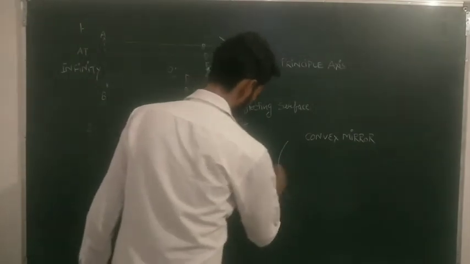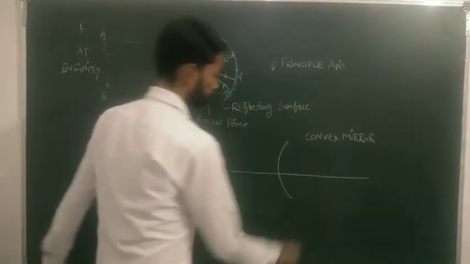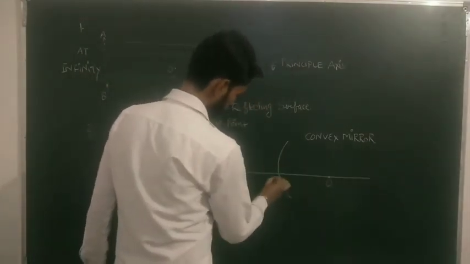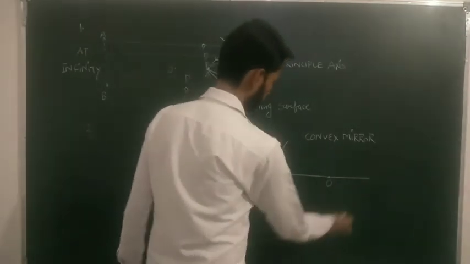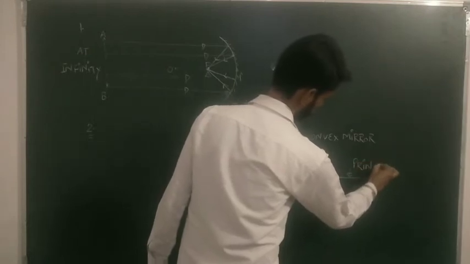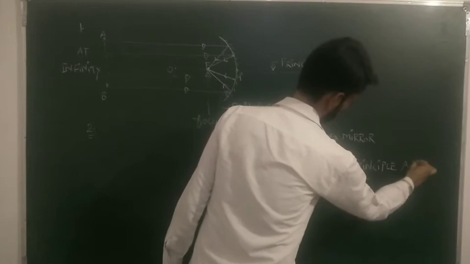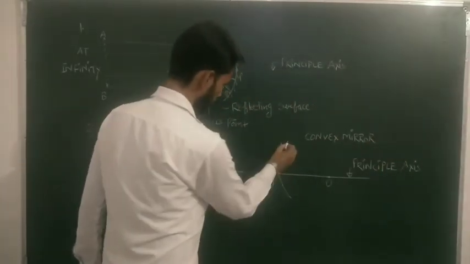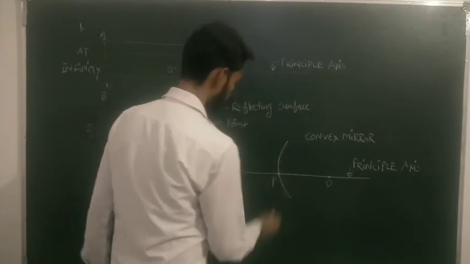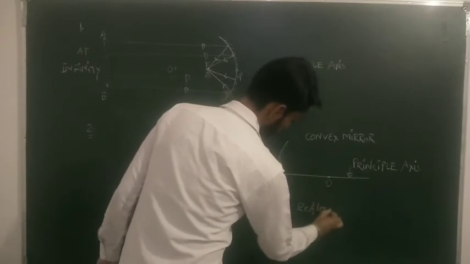This is the principal axis. Here is the center O. This is a pole. This surface is painted, and this surface is the reflecting surface.